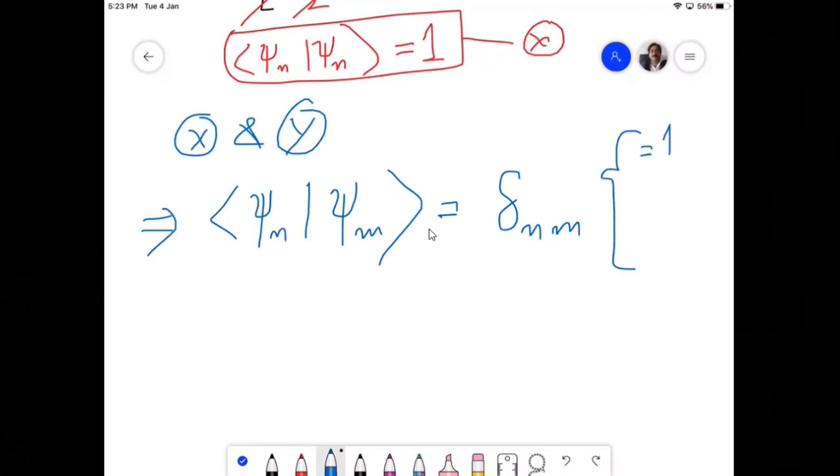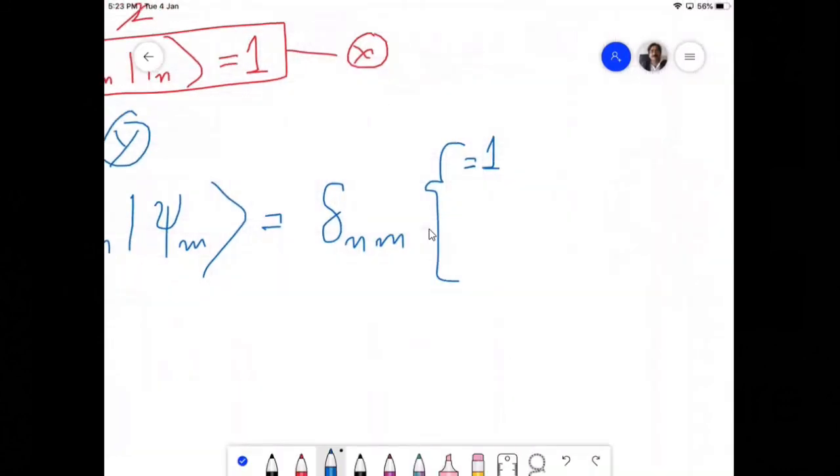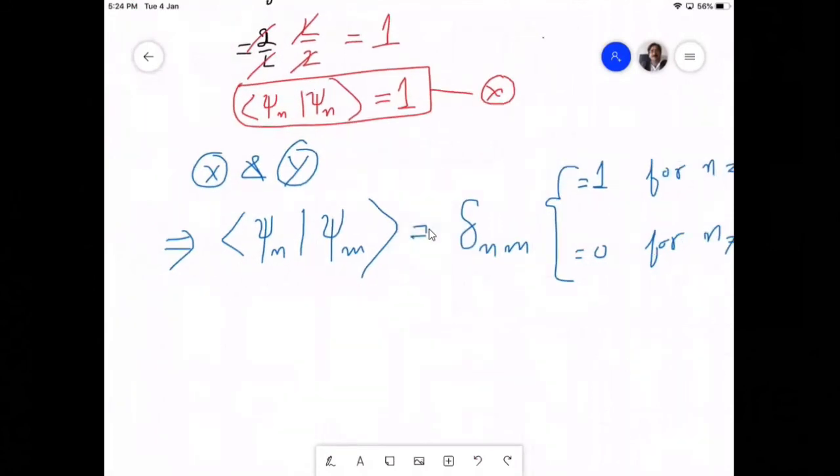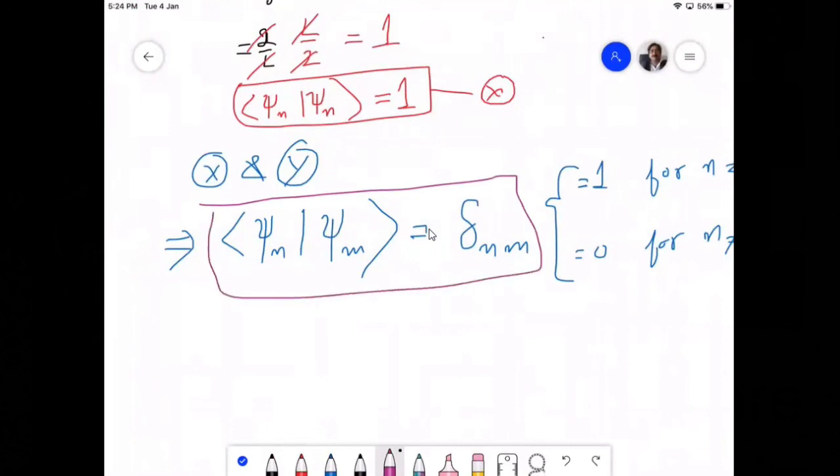That will be 1 for n equal to m, the delta function, okay, and 0 for n not equal to m. So from x and y we have got this result, so that they are orthogonal or independent basis, okay. So this is our requirement.